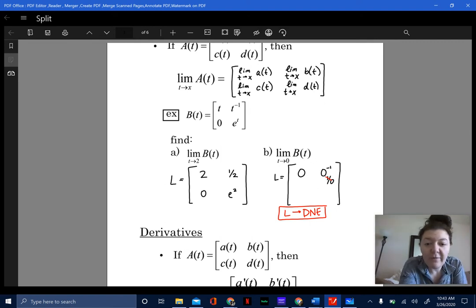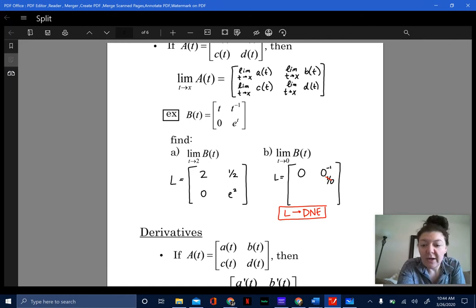But if we want to evaluate as t goes to 2, then we would evaluate 2 in each of our elements here. So obviously we get 0 there, e squared right here. So basically what's happening here is the limit is this new matrix that represents what each element's limit is as t goes to 2.